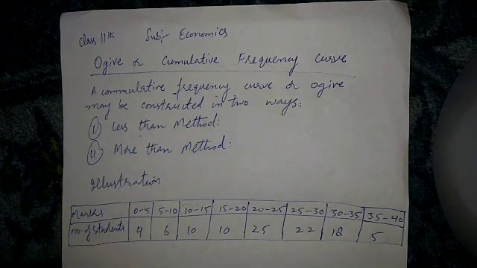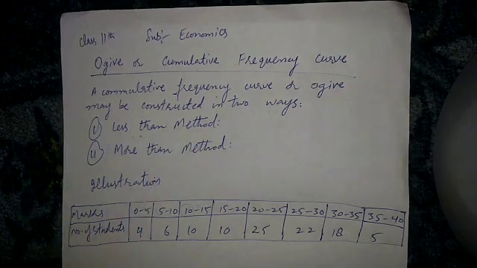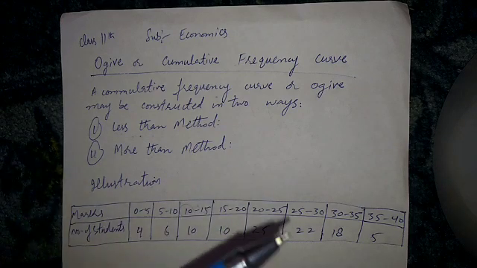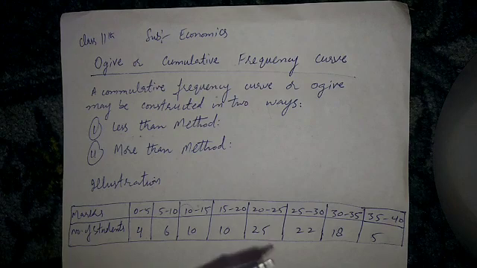Now, in less than method, beginning from the upper limit of the first class interval, we go on adding the frequencies corresponding to every next upper limit of the series.